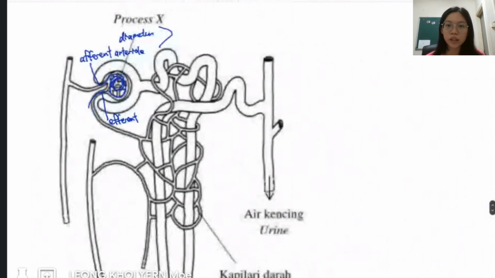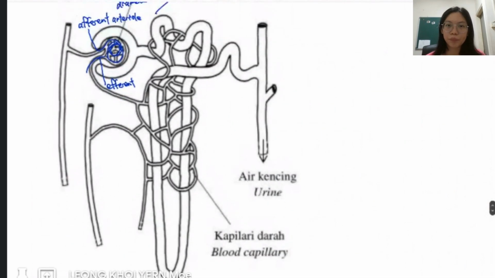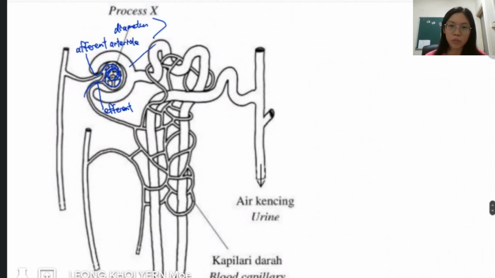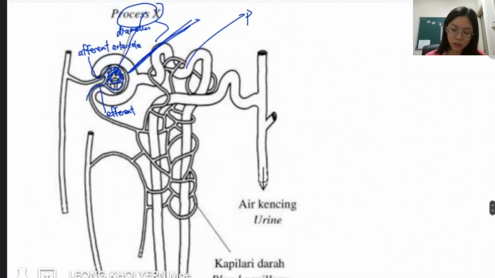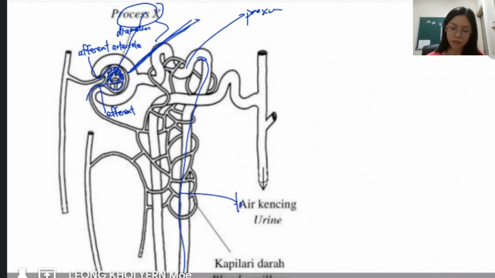So this one is also the same thing. This is the glomerulus, and then process X is ultrafiltration. This one is the Bowman capsule, and then followed by your proximal convoluted tubule, and then it will enter one big loop called the loop of Henle, where reabsorption occurs in the proximal convoluted tubule and loop of Henle.